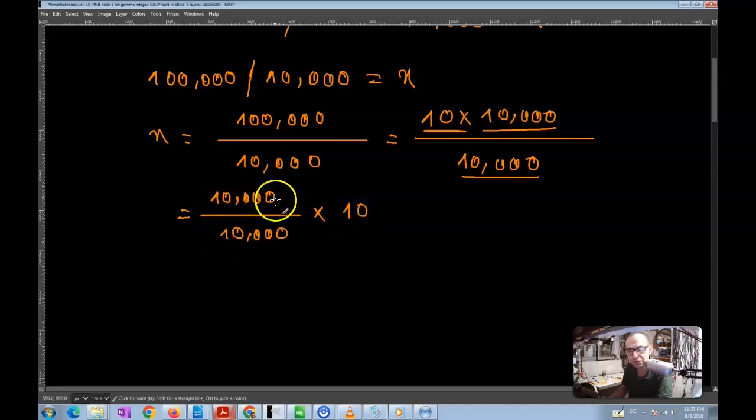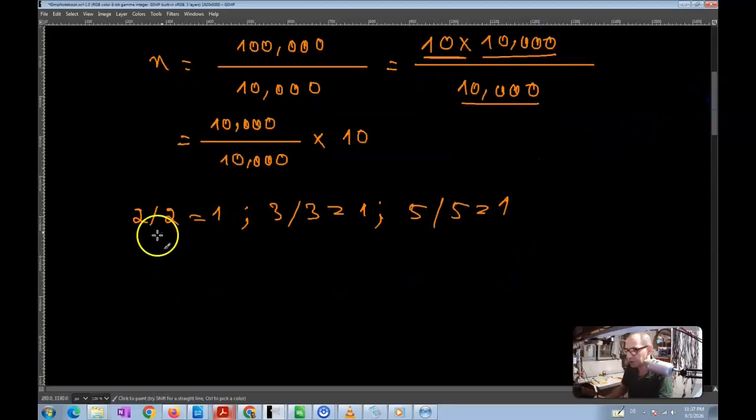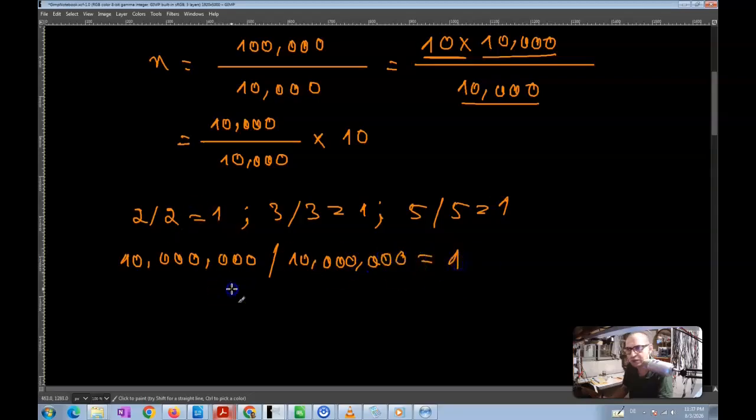And of course, you know that any number divided by itself is always equal to 1. Meaning 2 divided by 2 is equal to 1. 3 divided by 3 is equal to 1. 5 divided by 5 is equal to 1. 10 million divided by 10 million is equal to 1, and so on and so forth. Any number divided by itself is always equal to 1, right?